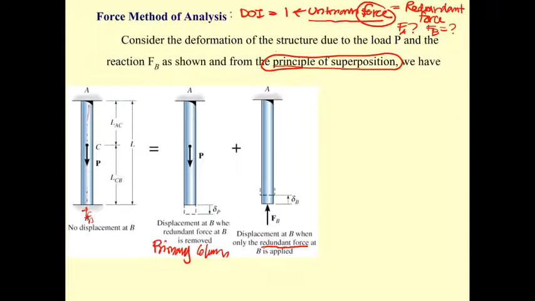So we use the principle of superposition to separate this. In the force method, you consider the structure and the unknown reactions, and you can see the unknown reactions are more than the equations of equilibrium.